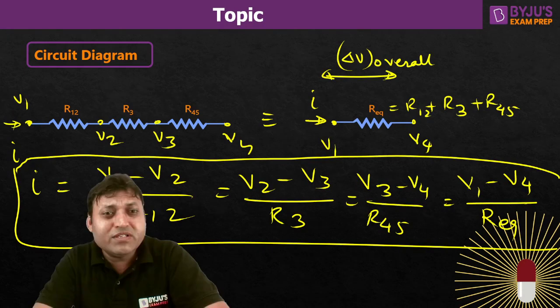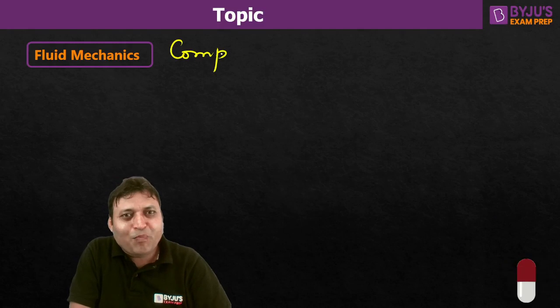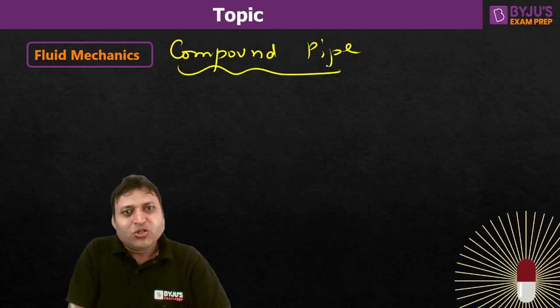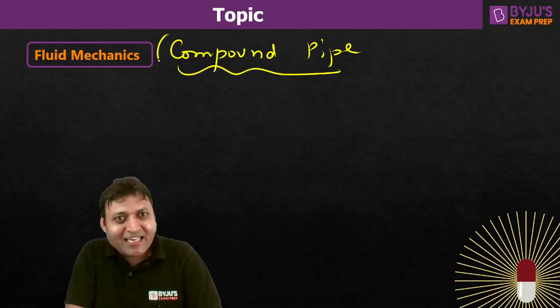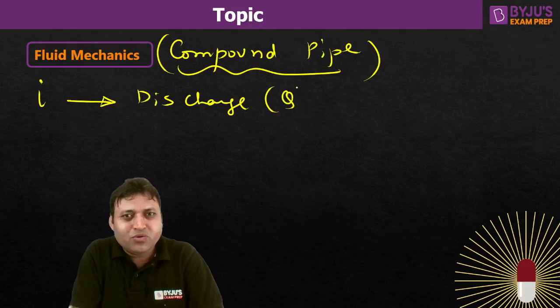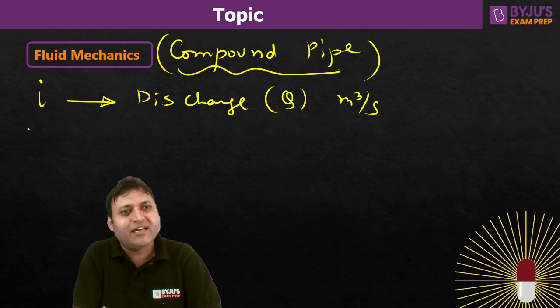Now, where do we use this in fluid mechanics? Whenever we talk about the compound pipe system, series and parallel combination of pipes. In that analysis, the current will be replaced by the discharge, that is Q, unit is meter cube per second.